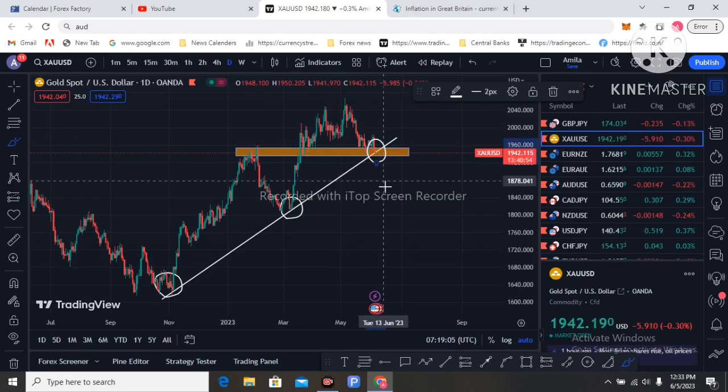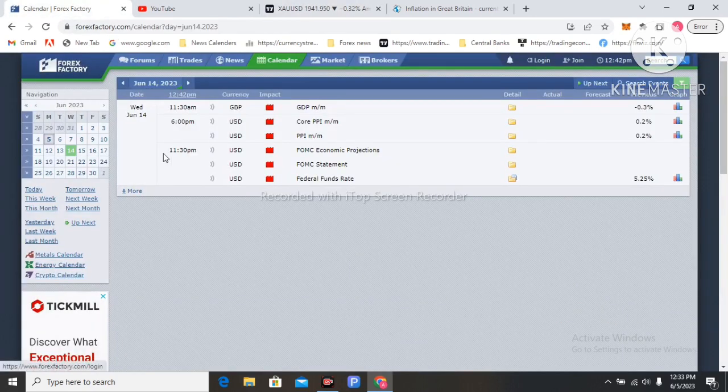So, break the trend line and buy the gold. In this third touch, in the current situation, price is 1942. The main economic data is the federal funds rate. 5.25 is the current Fed interest rate, and the next decision is on June 14.